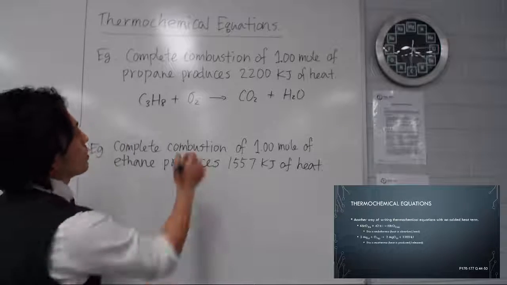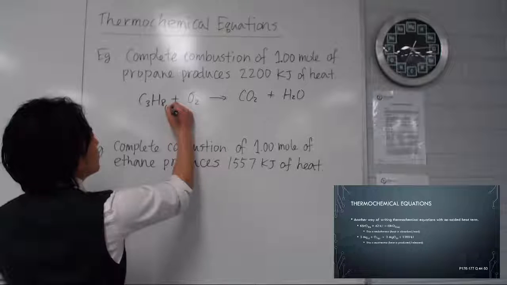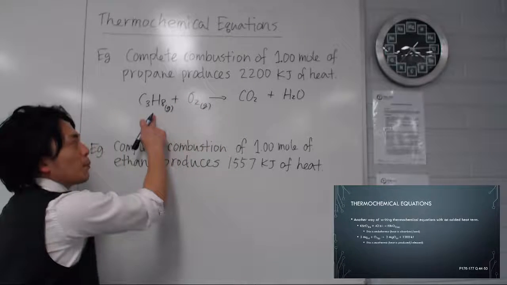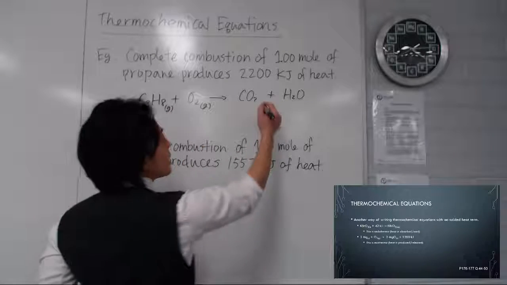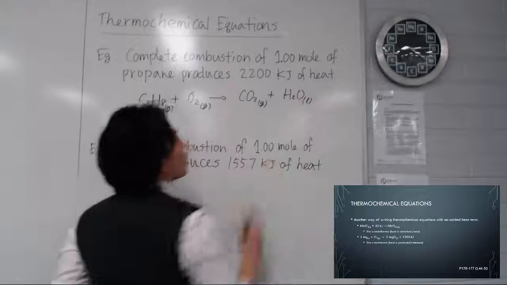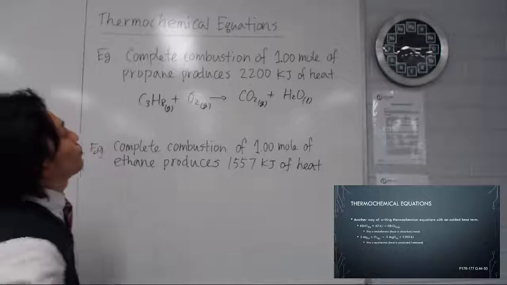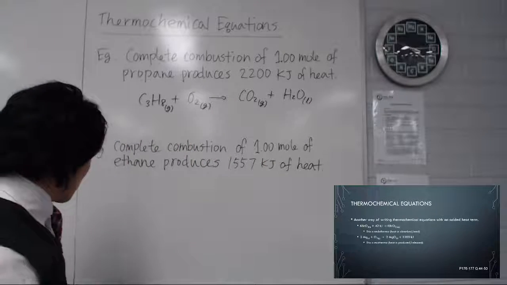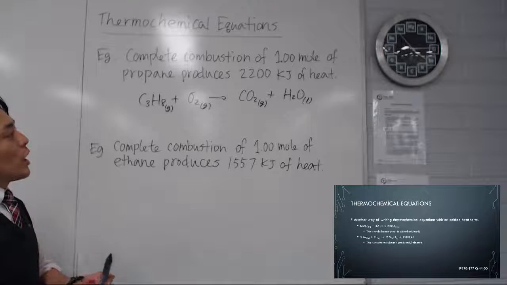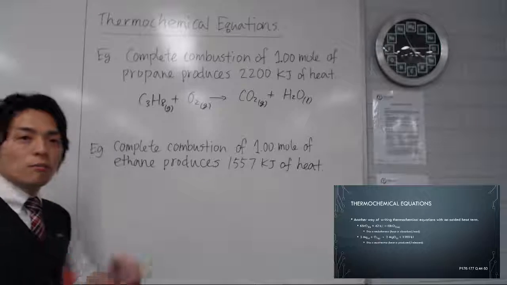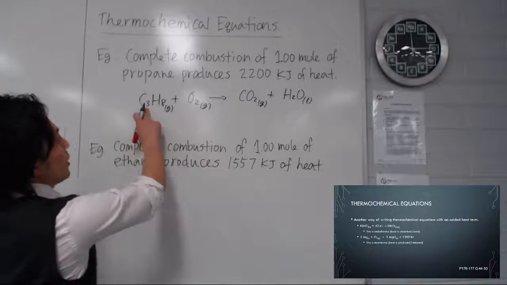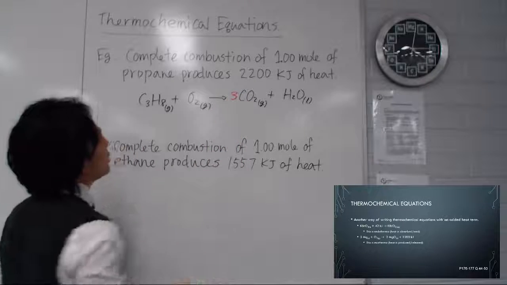You must include states first. Propane is gas, oxygen is gas, CO2 is gas, water will be pure liquid. It's not balanced, so let's balance that. If you follow Mr. Cho, C-H-O in order, you'll be balancing C first, and there are 3 of them, so I'll put 3 here.